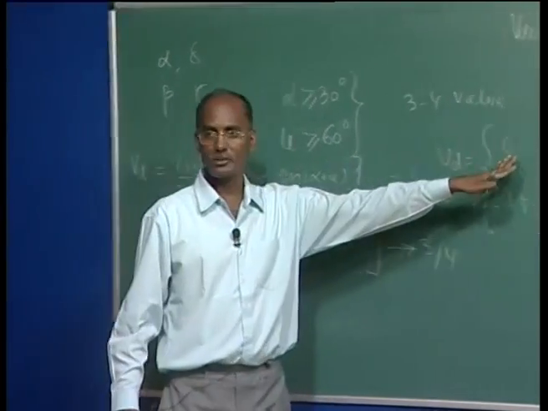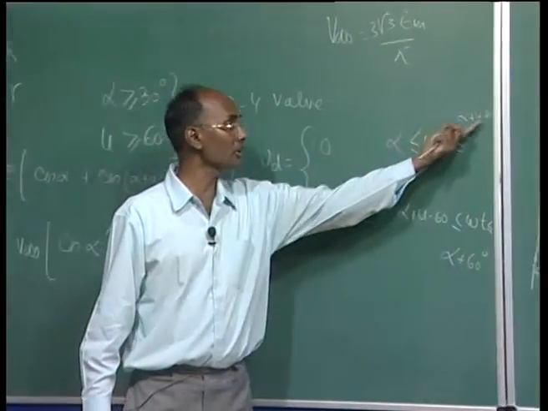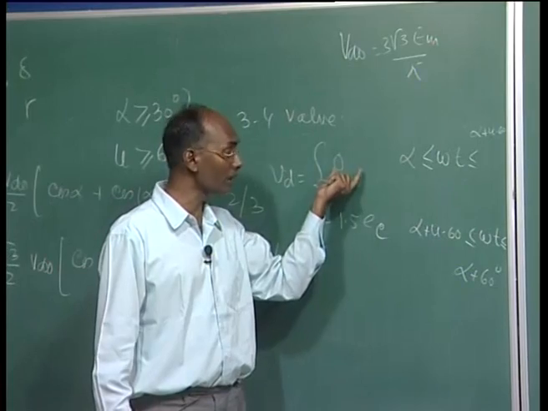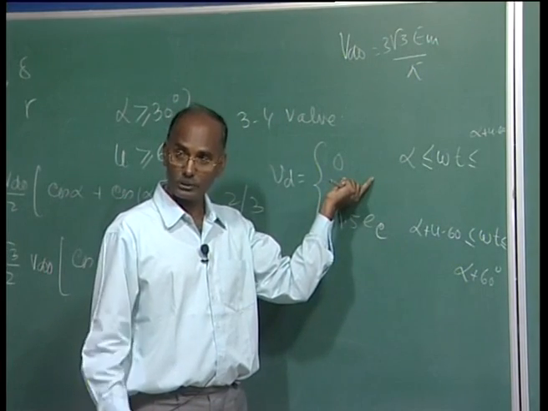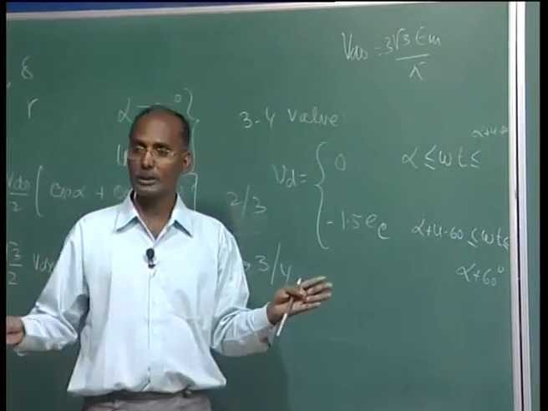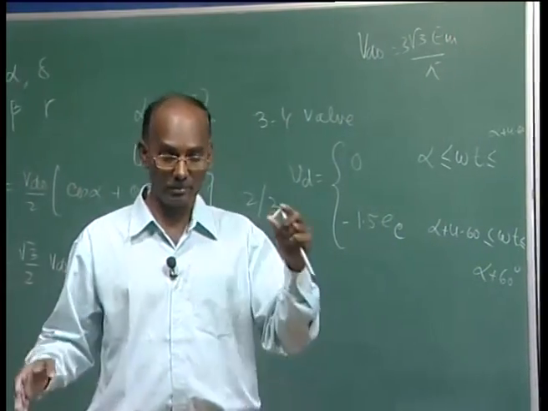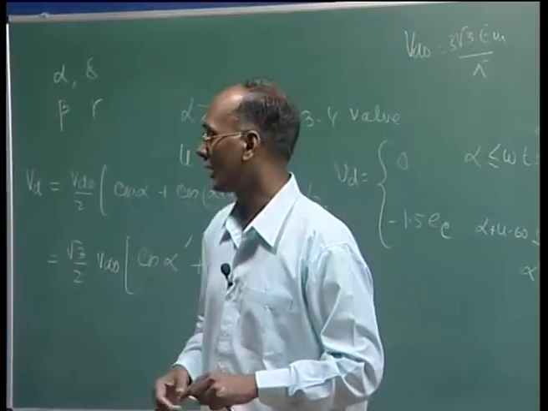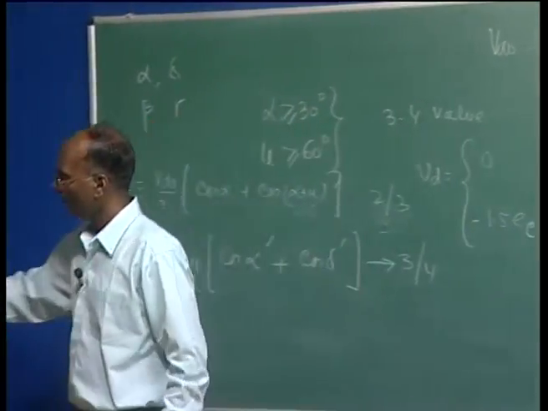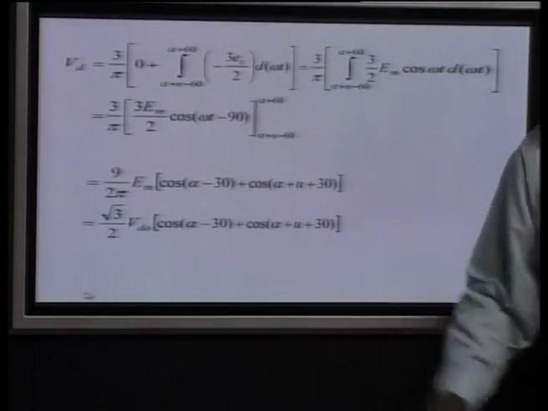From here we can also see this portion is 0 and this portion is 1.5. Earlier it was the complete line to line voltage for 2 valve and 3 valve conduction. So there is a huge reduction in voltage, the link becomes abnormal, and we have to take care properly. This is the output voltage.